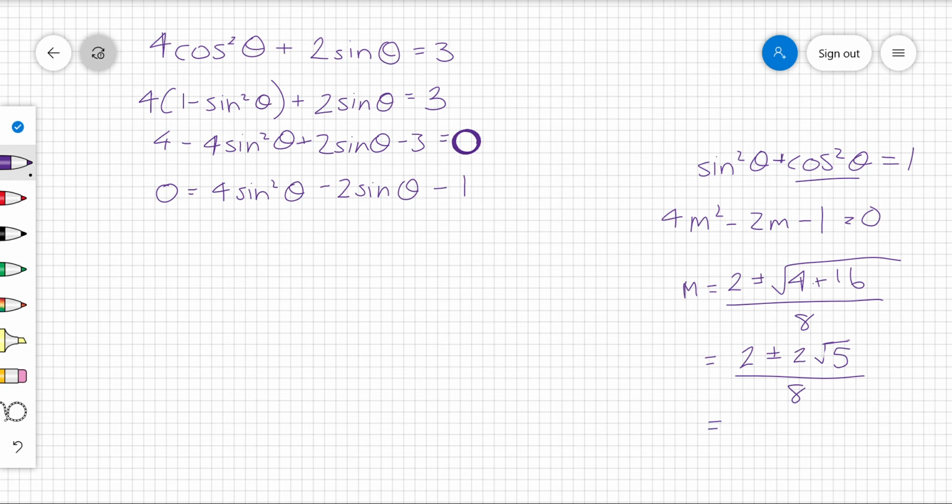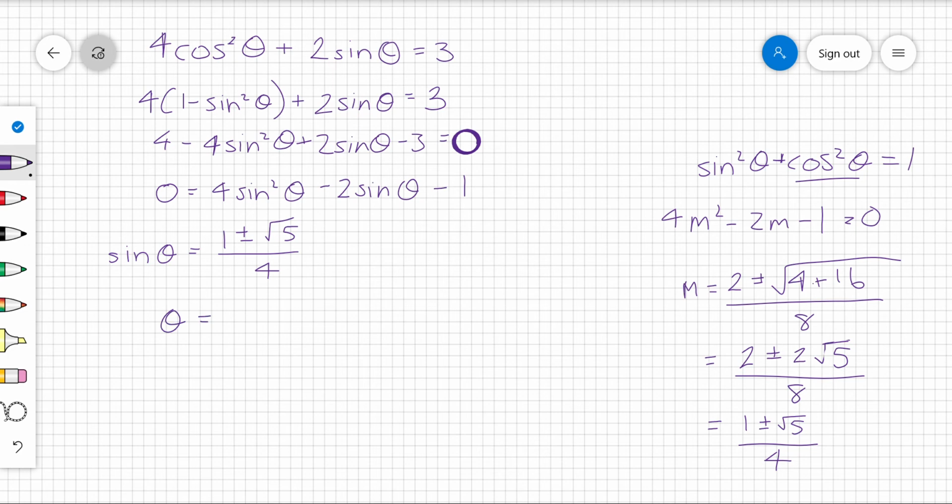If I divide by 2, I'm going to get these two different answers here. So that's fine, we can do that. Remember, we've just solved for m there, so m is representing sine theta. So we're really saying sine theta equals 1 plus minus root 5 on 4.